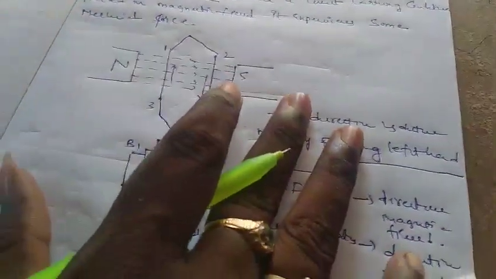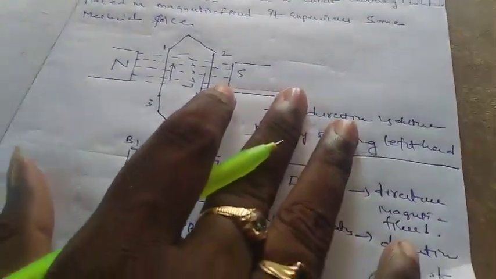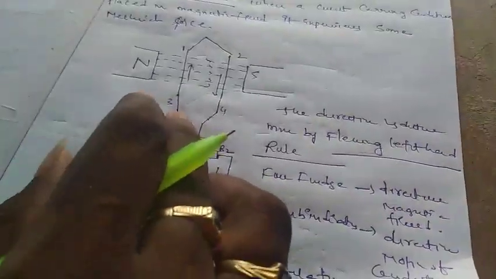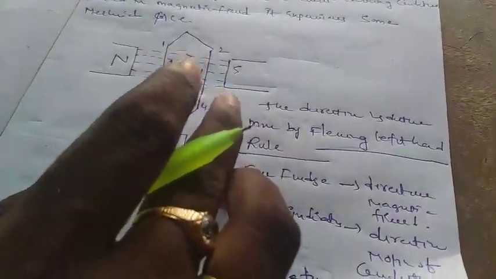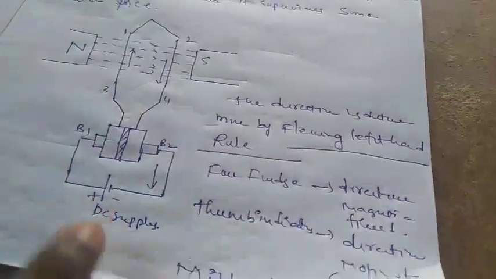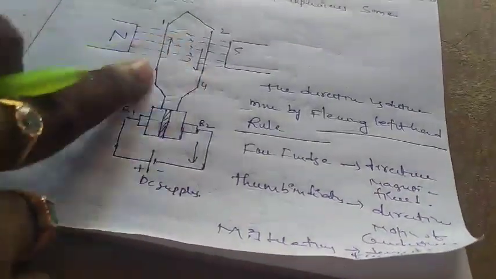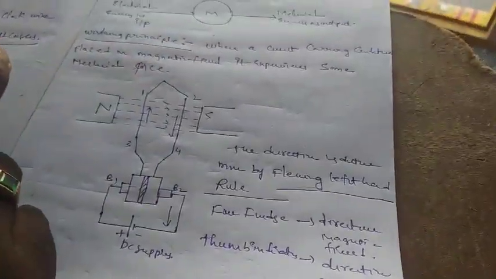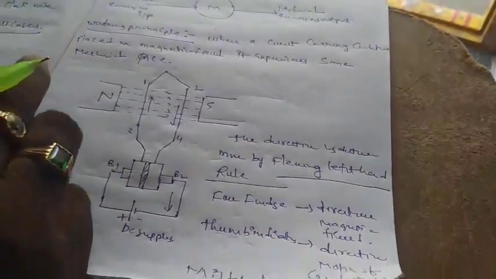Here one more thing, according to DC generator construction: whenever a conductor cuts the magnetic lines of force, an EMF is induced. Here we give supply to the motor, and the motor rotates the conductor. Due to the current and the conductor being placed in a magnetic field, it experiences some mechanical force.